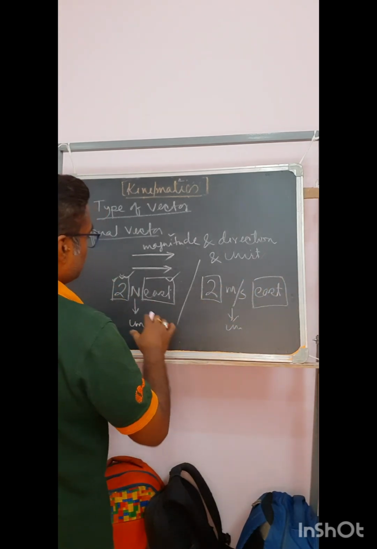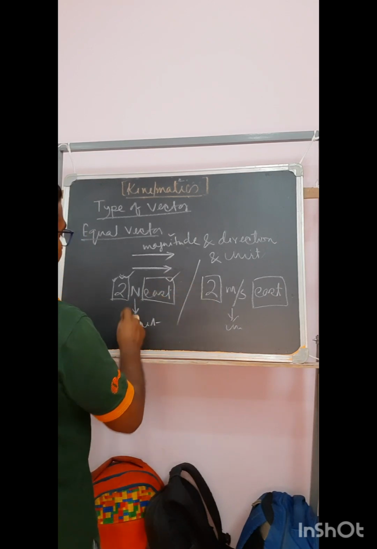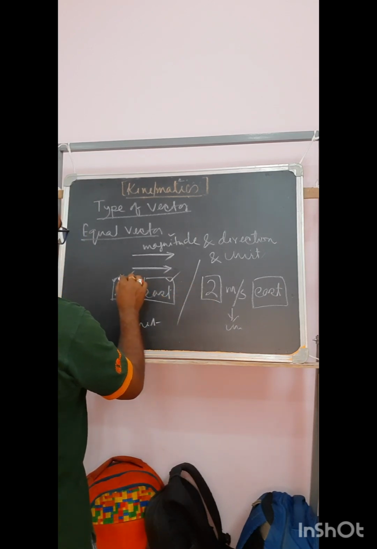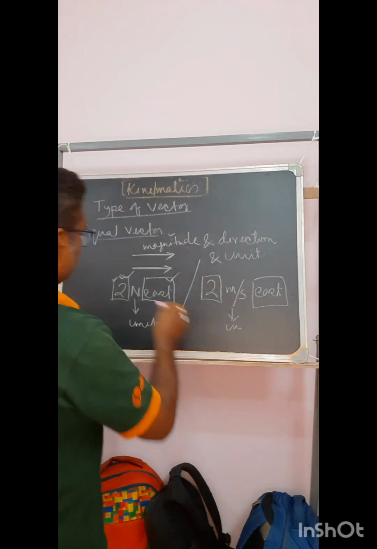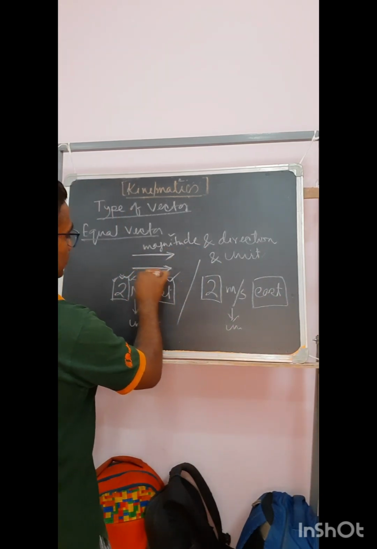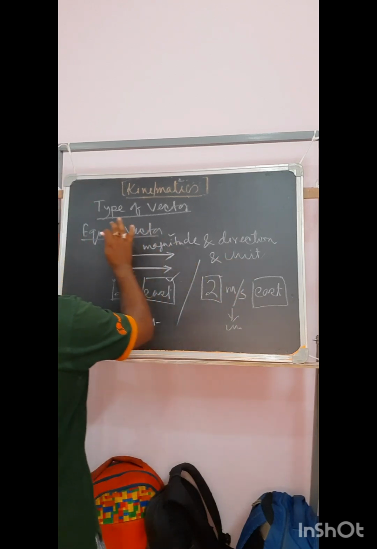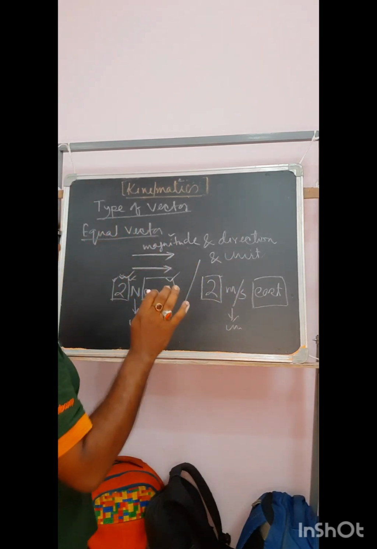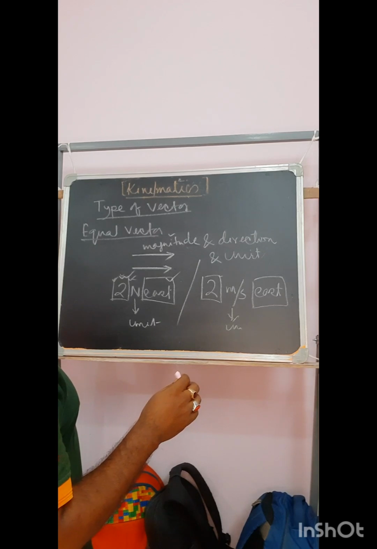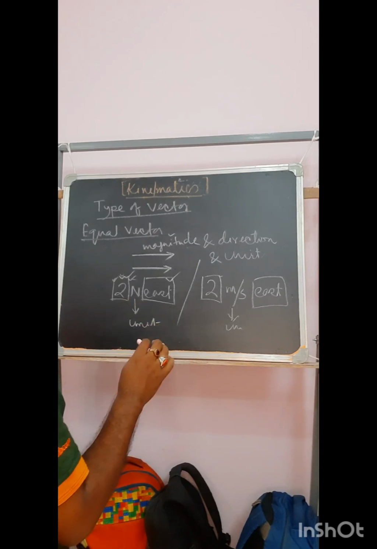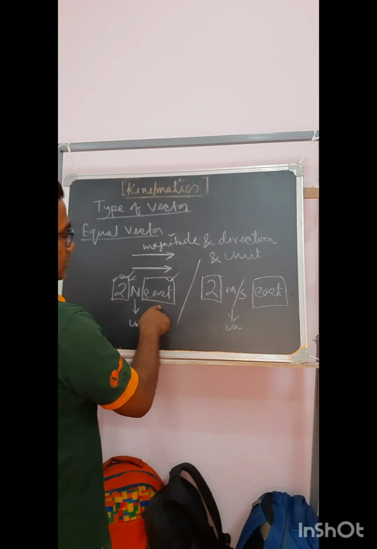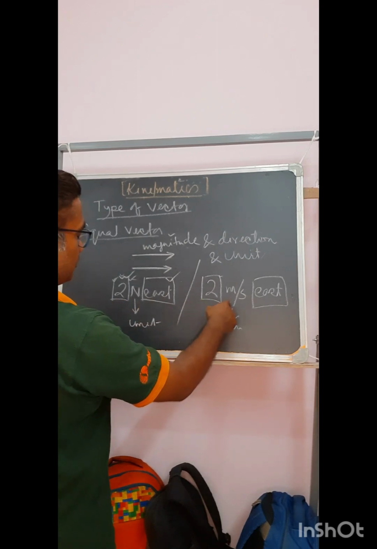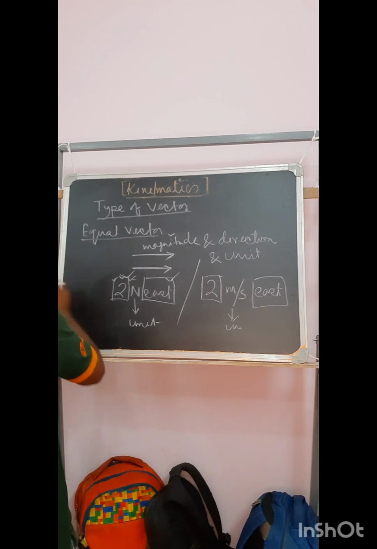They cannot be added unless their means of defining are the same. Not only the magnitude and direction have to match, their unit has to match. So this is the condition of equal vectors.